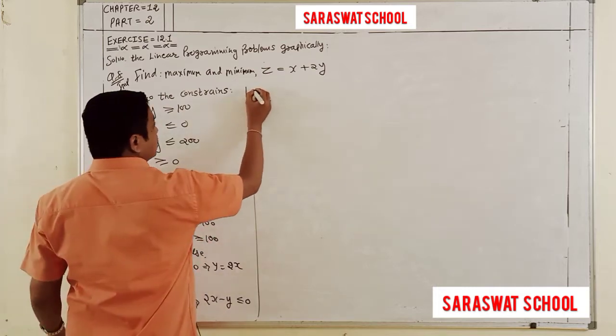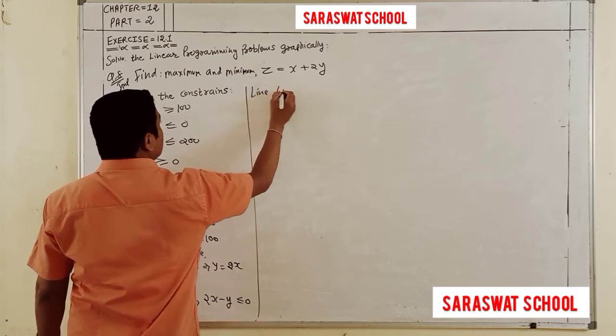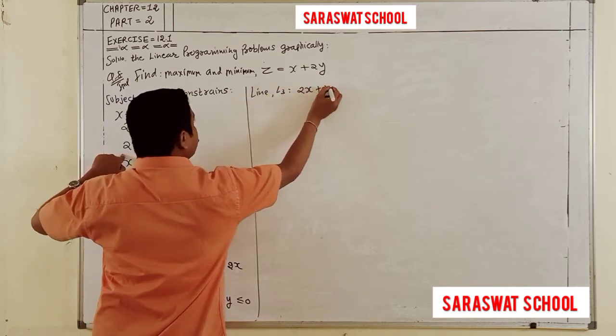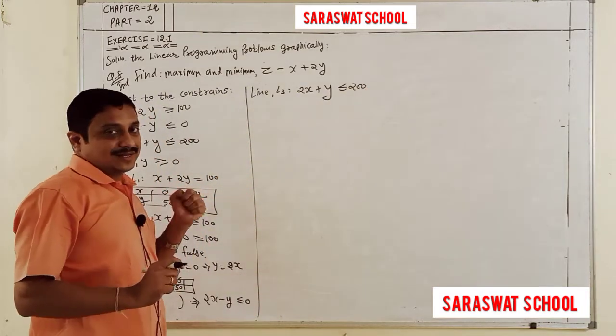Now third, line L3, that is 2x plus y less than or equal to 200.